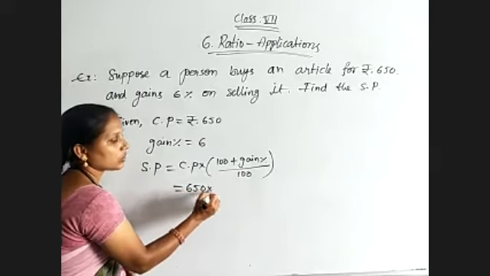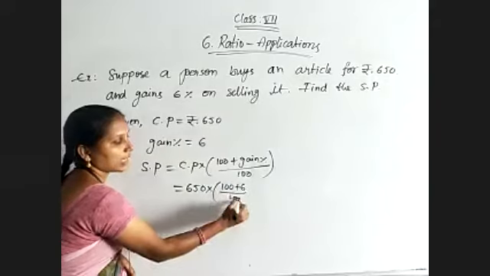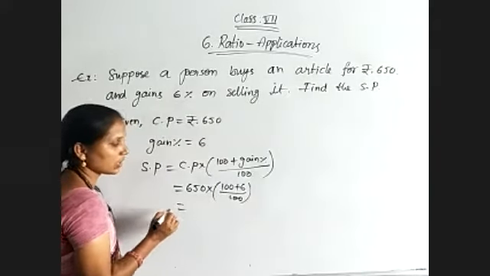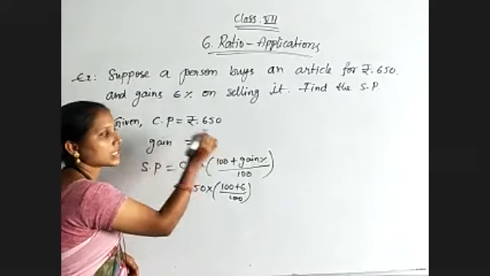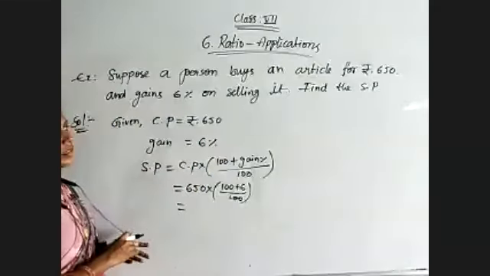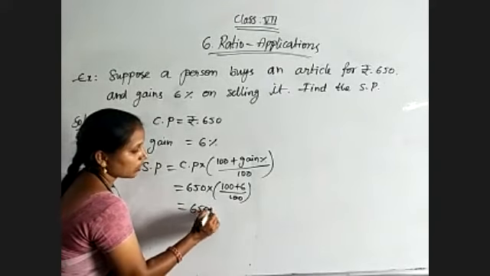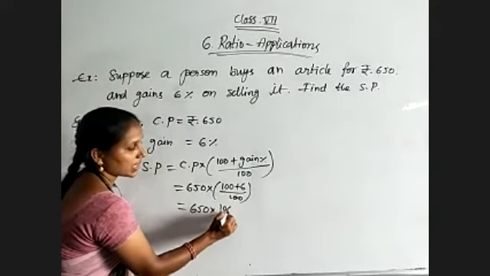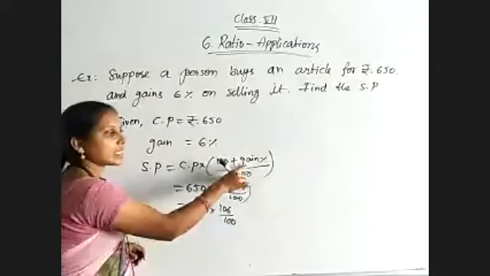650 into (100 plus gain percentage 6) divided by 100. Gain we write as 6%. So 650 into 106 by 100. If loss percent is given, then we take 100 minus loss percent by 100.